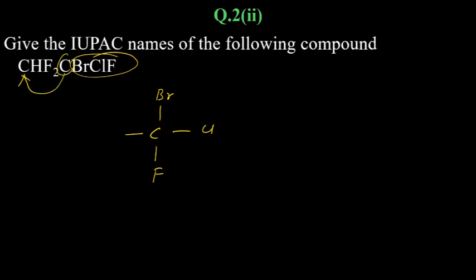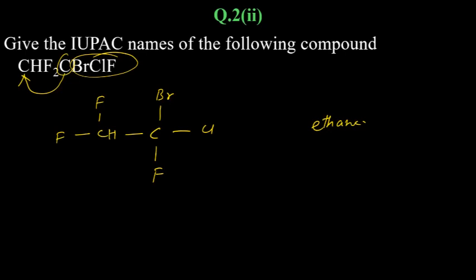But it has CHF2 as well, so CH and F2. It means there are only two carbons. So it has to be ethane.